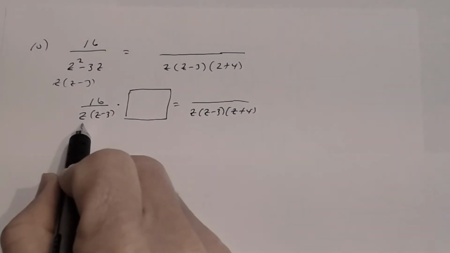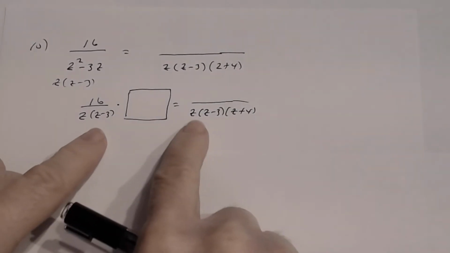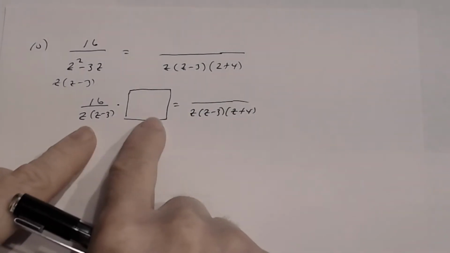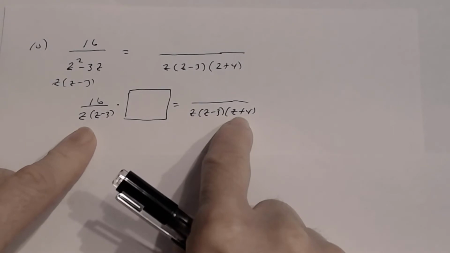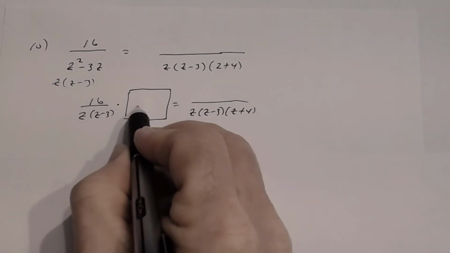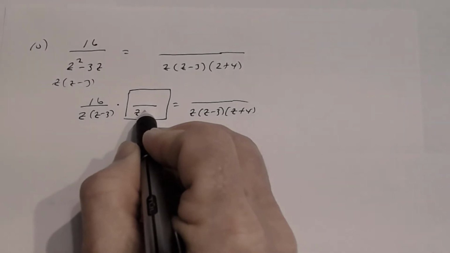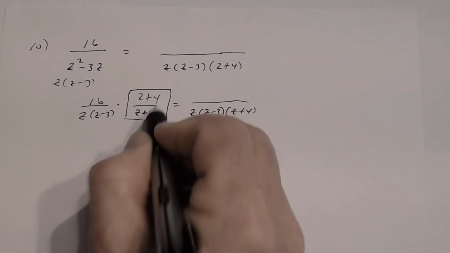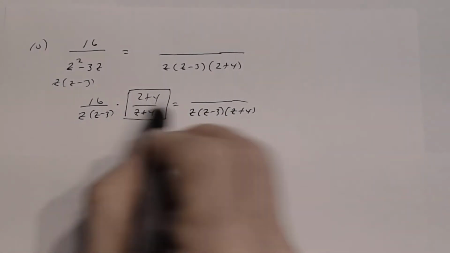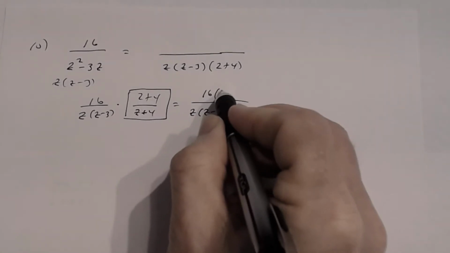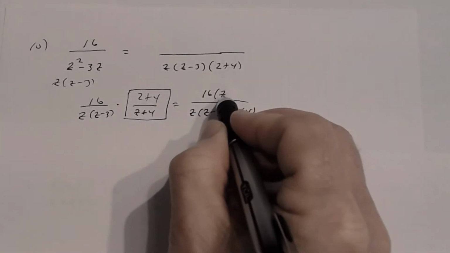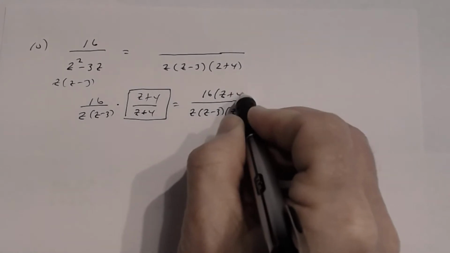Okay, so notice I already have this part. So what do I need here to get all of this? Well, I need a z plus 4. So I'm going to multiply the denominator by z plus 4 and the numerator by z plus 4. And so therefore my numerator, I get 16 times z plus 4.